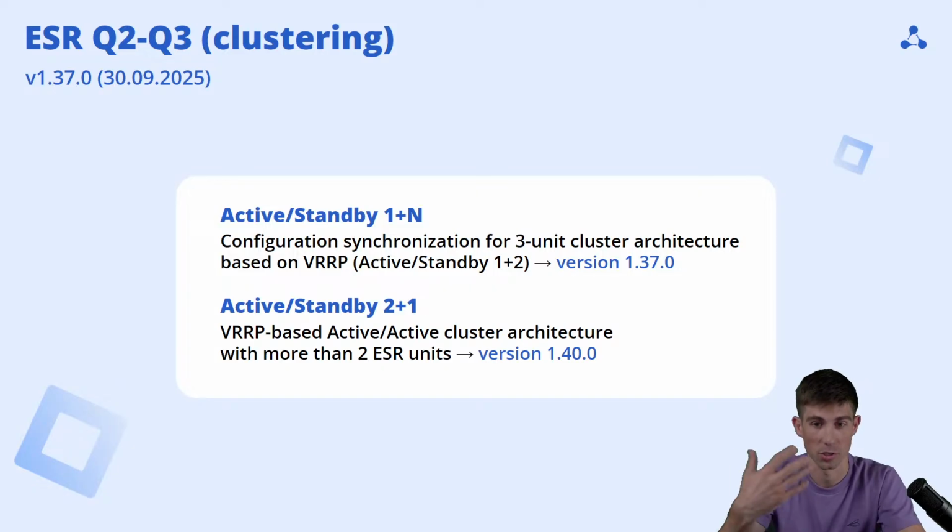We've been doing it in stages, and the first stage that we're going to introduce in version 37 was to have 1 active and 2 standby units.